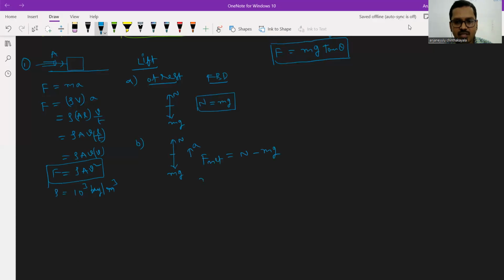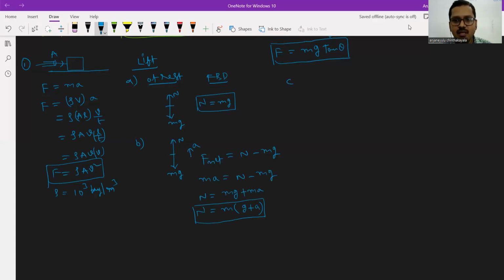F net, which is mass into acceleration, is equal to N minus mg. Taking minus mg to the left side, the normal force N is equal to mg plus ma. Taking m common, m into g plus a. The apparent weight of the person increases while the lift or elevator moves in the upward direction.